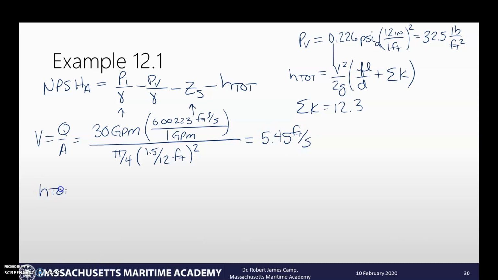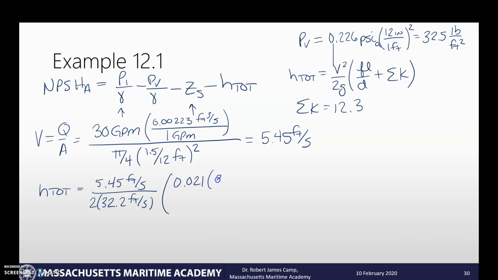And we'll go back to H total. So V squared, 5.45 feet per second, divided by 2g, English system, so 32.2 feet per second squared. Multiply that by fL over D. f is given in the problem, 0.21.